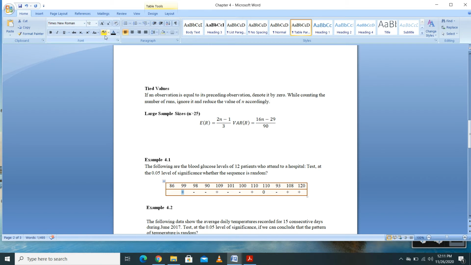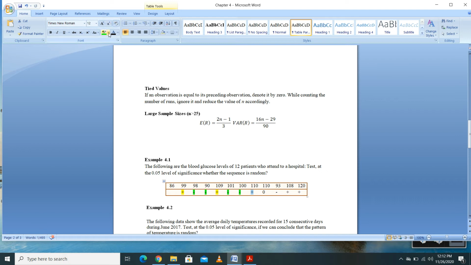So here you have a positive value, right? And then here you have two negatives. I'll mark it using another color, two negatives, that is another run. Again you have a positive, and then again you have two negatives, that is again another run. And then you have a positive, and if you omit 0, you have a negative.